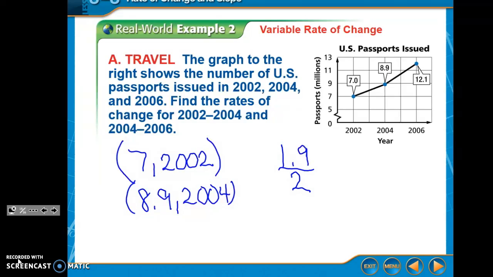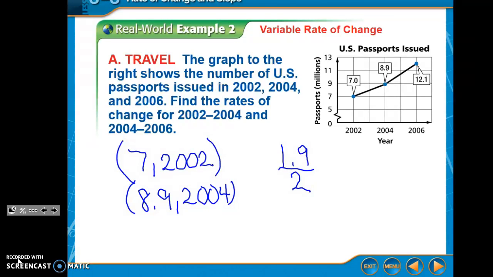So can we reduce this fraction at all? No, we're just going to leave it as it is. It's in the lowest form. So the rate of change from 2002 to 2004 is 1.9 over 2. It increased because our line is going up. We added 1.9 million passports. Questions on that? Reading from a graph, are we okay with that?